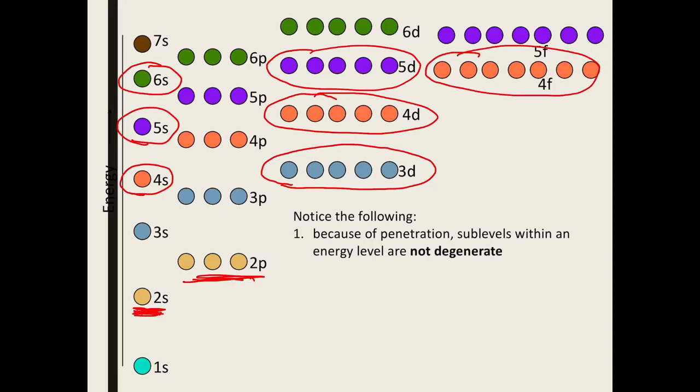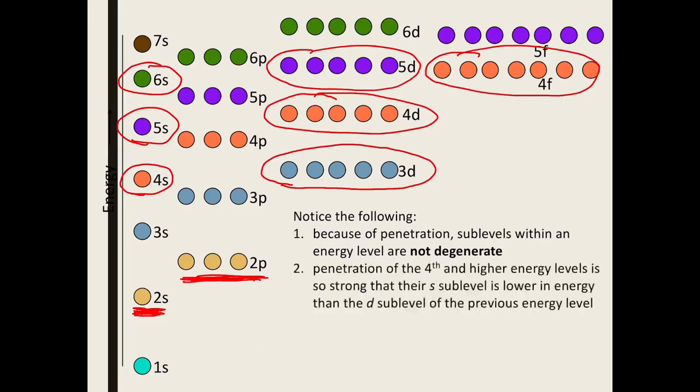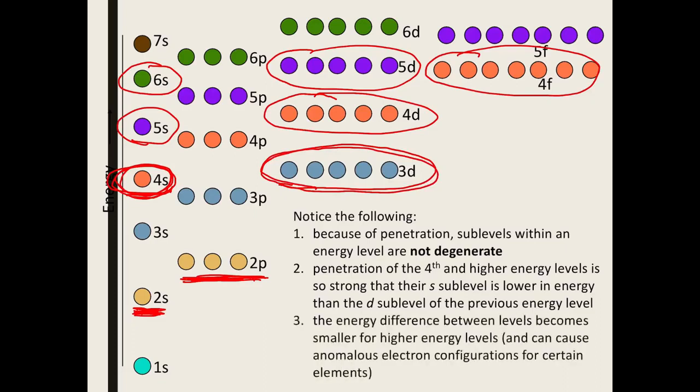This energy level will get filled before this one, okay? The sublevels within an energy level are not degenerate because of this penetration. The fact that these s orbitals can penetrate farther into the nucleus actually causes them to be lower in energy than the d sublevel from the previous energy level. This is because of that penetration, because they have some overlap there.